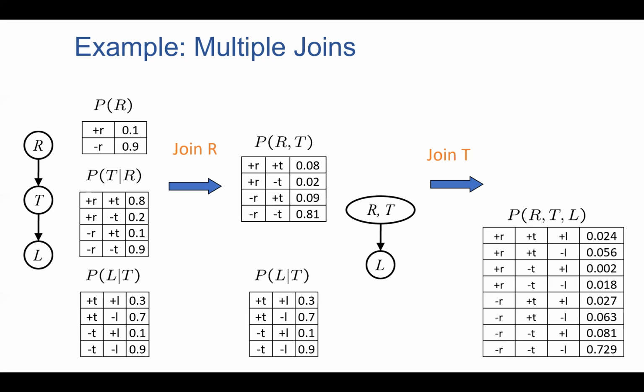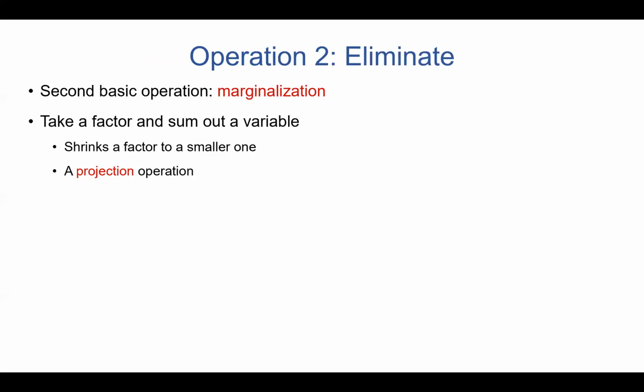What were we looking for? Probability of L, right? Plus L or minus L. So then what we will do is sum out all of this R and T together and get the probability distribution of plus L or minus L. We will just sum out over R and T. So what we do is elimination, which is simply marginalization.